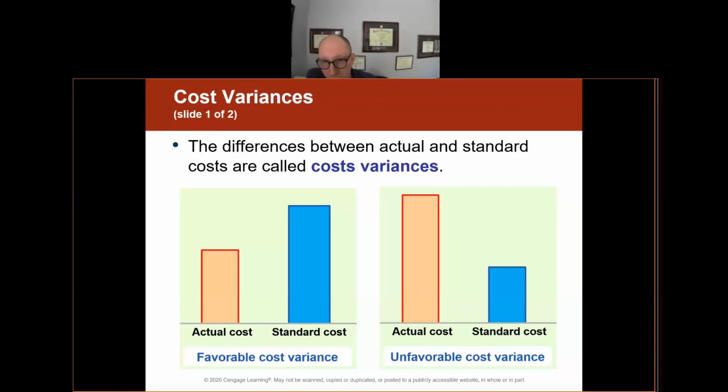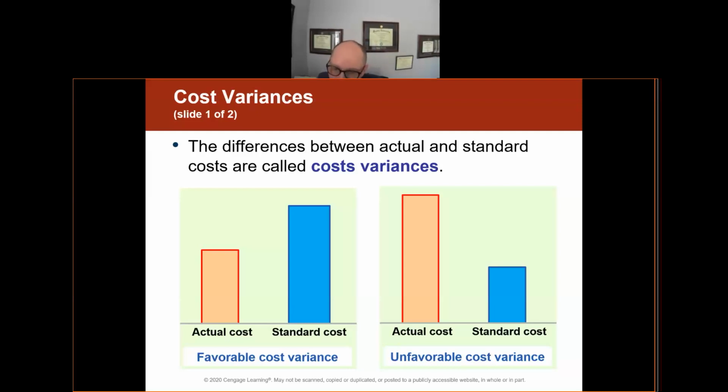It's favorable if the actual is under the budget, actual under the standard, right? It's unfavorable if the actual is greater than the budget or greater than the standard cost. Isn't that a nice concept? Favorable means you're saving money. You're under the standard, right? Saving money.